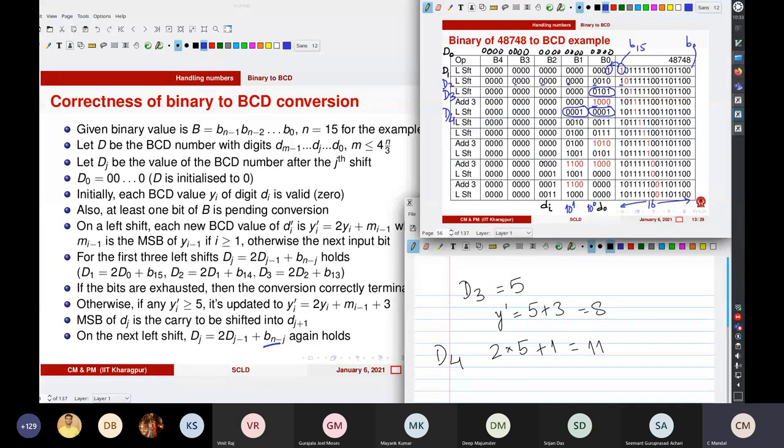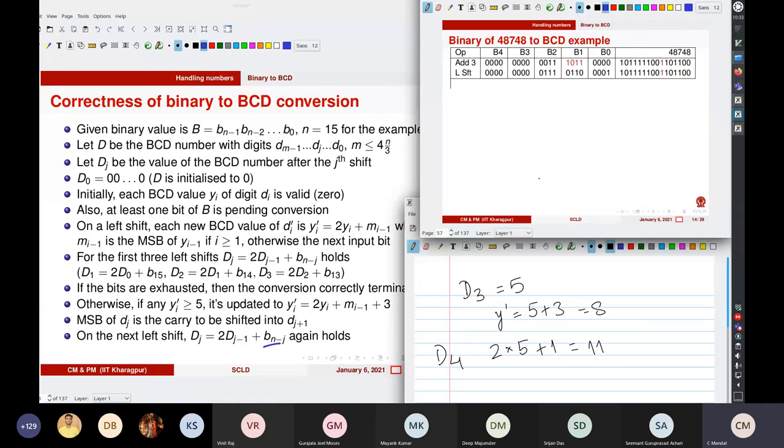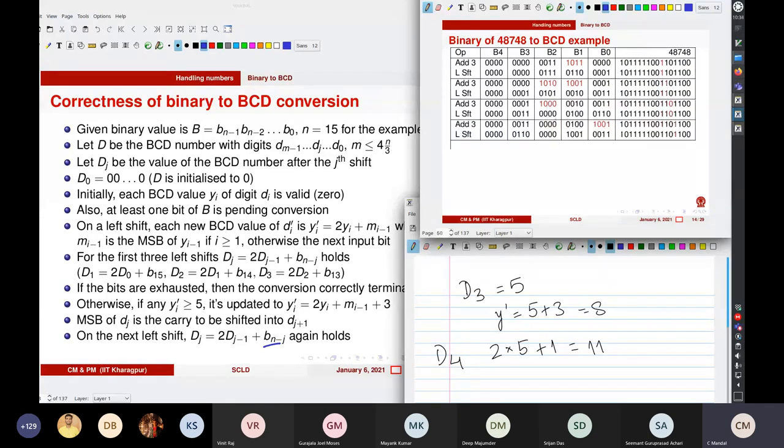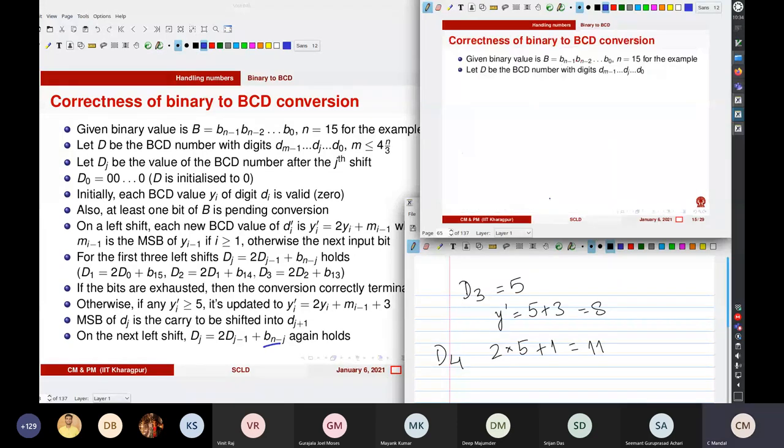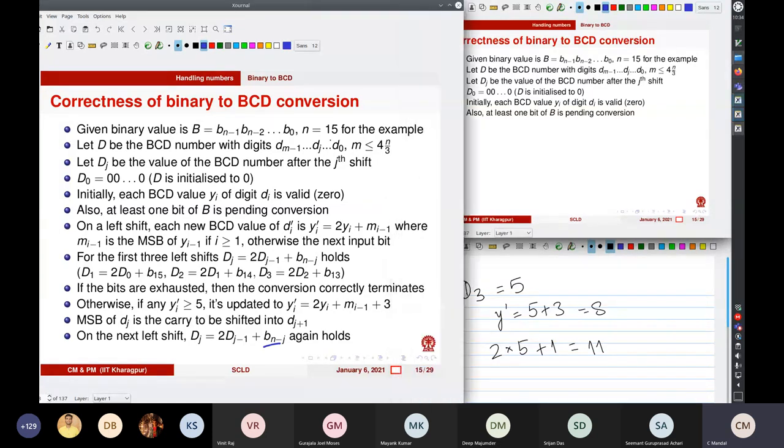So this is of course the example that you saw last time. We'll just show how this process can be reversed.